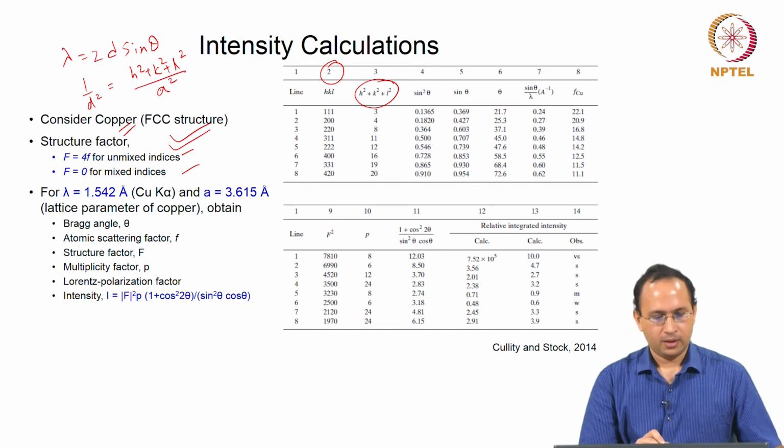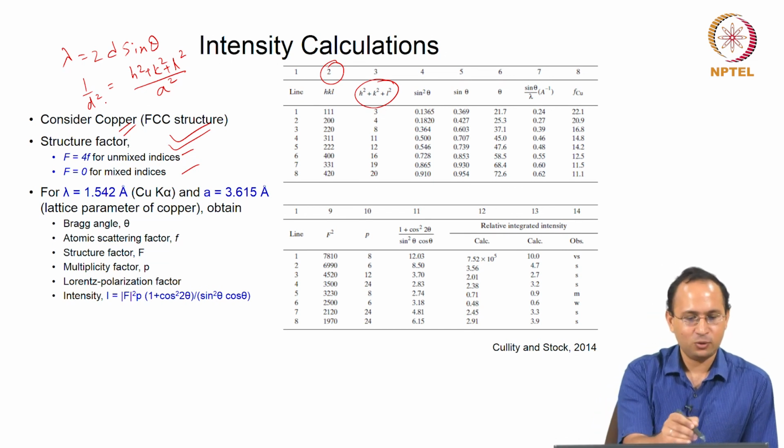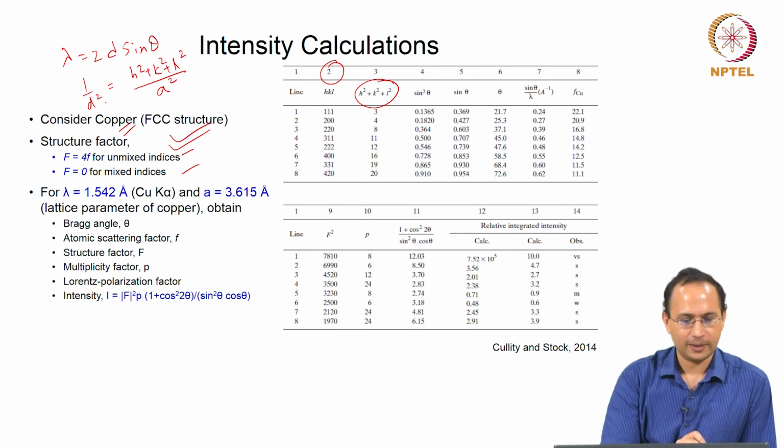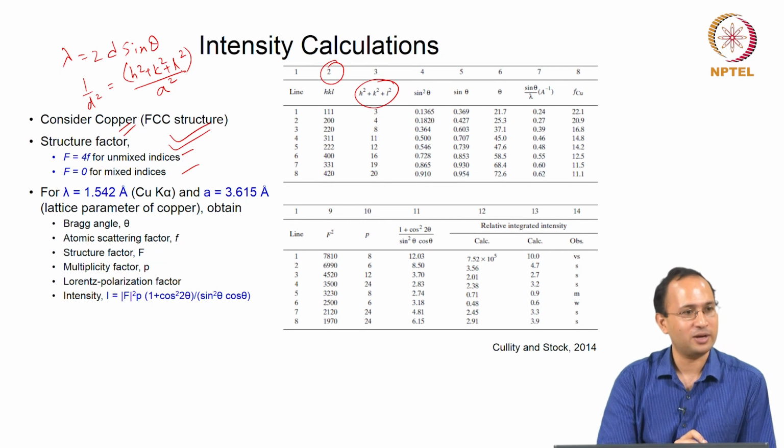Now you can eliminate d and you see that there is a relationship between HKL, so the term you are interested in is h square plus k square plus l square.